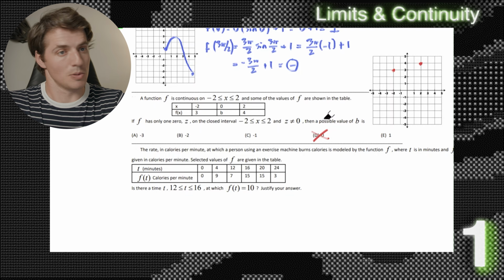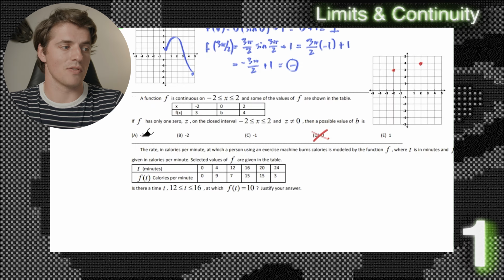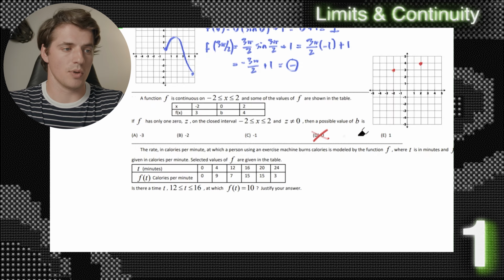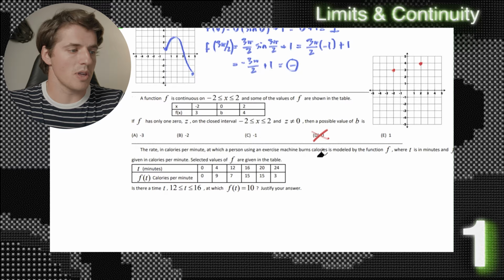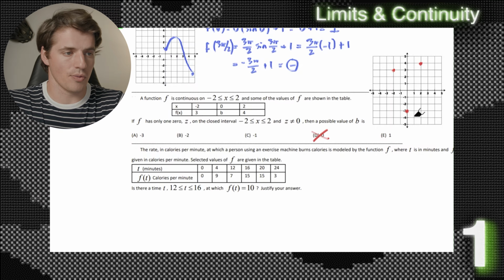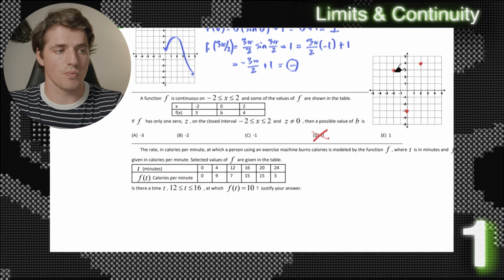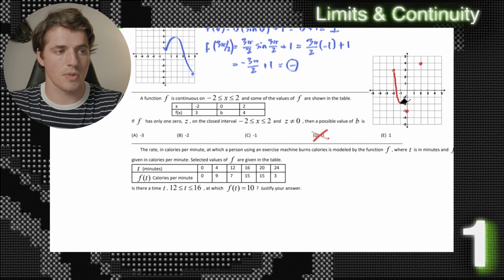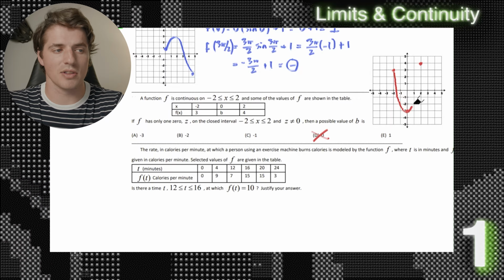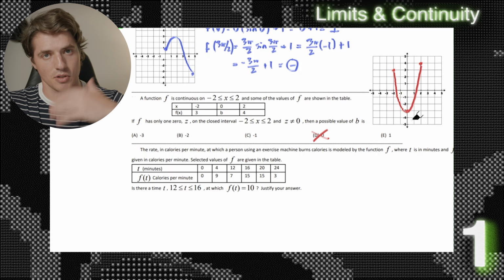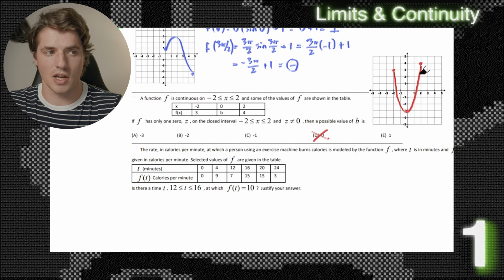Now for all of our possible values of b: we have -3, -2, -1, and 1. If we had a value at -3, then for this to be a continuous function, we would have to go from 3 to -3 somehow. It doesn't have to look like this, but it would have to pass through all of these y values.